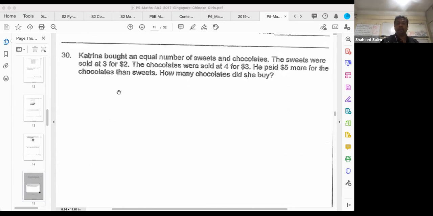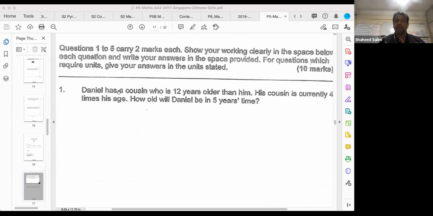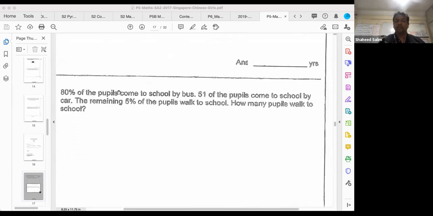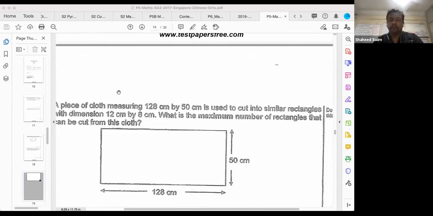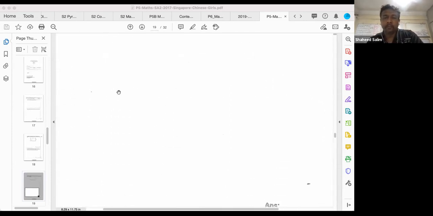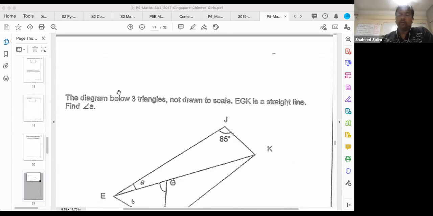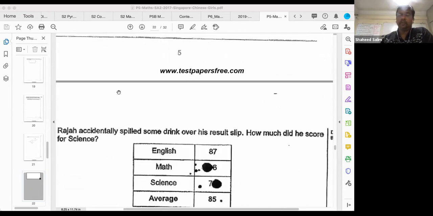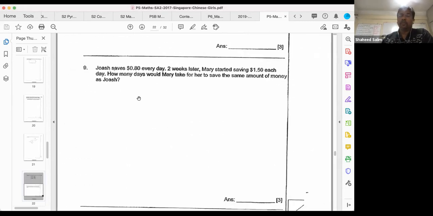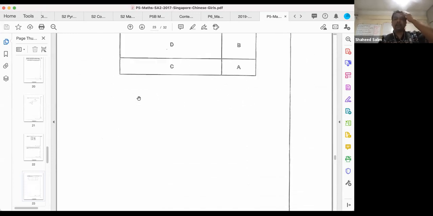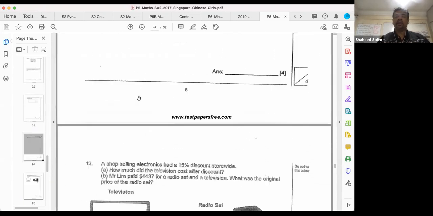Okay, I think maybe what we do now, let me see. This is the ratio, angle. So the last one, okay lah.